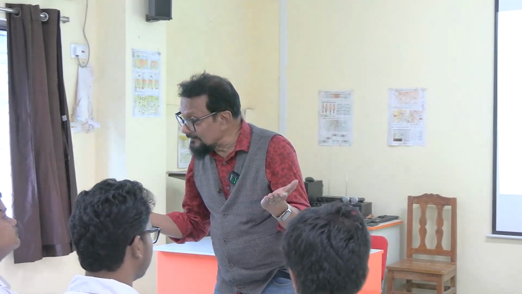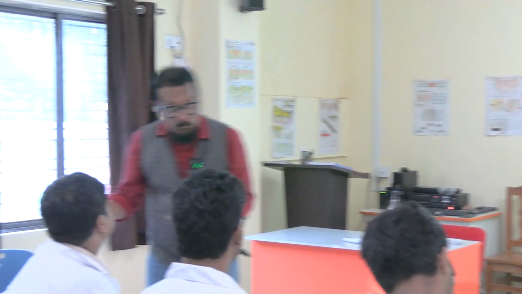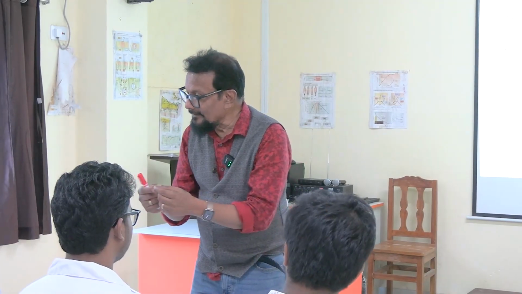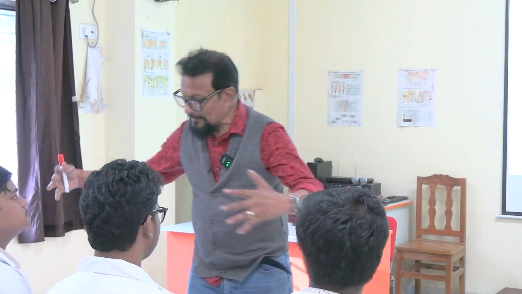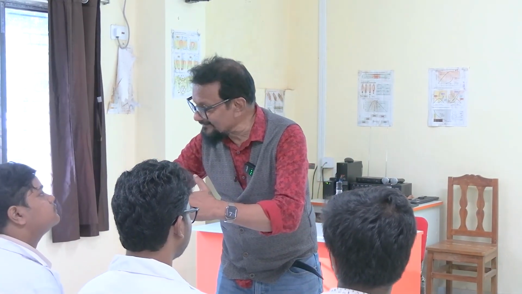Initially they are soluble, and by one plasma coagulation factor they become insoluble. Now the platelets will be tied by the fibrin threads, so you will make a clump, you will make a clot.